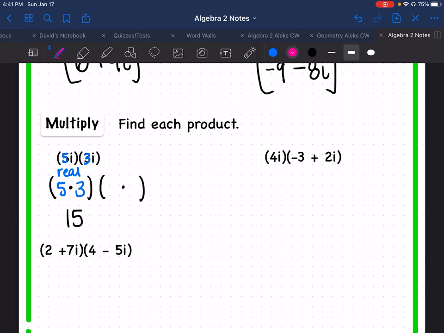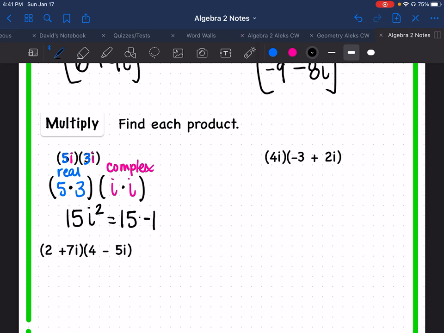Okay, and then your complex part or your imaginary part is i times i. i times i is i squared. But remember at the very beginning on the first slide, we talked about i squared is really the number -1.